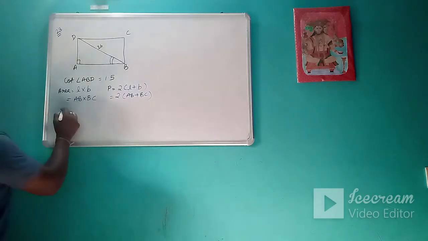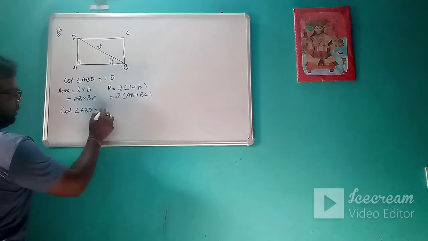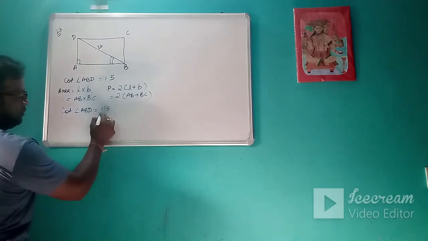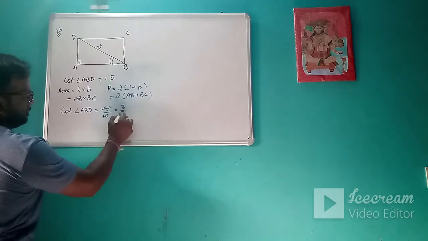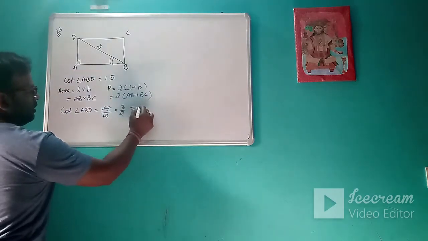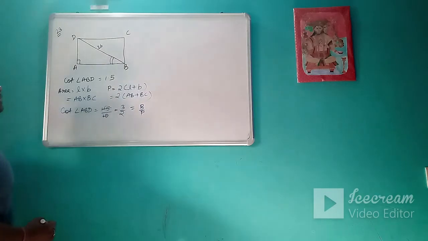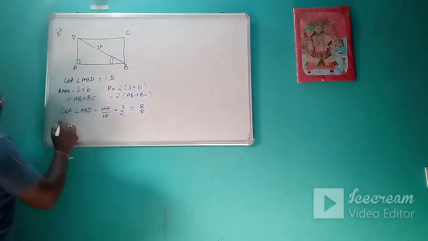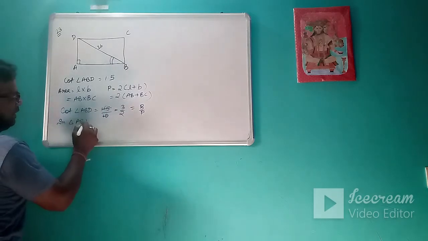So cot angle ABD is equal to 1.5. Remove the decimal, it will be 3 by 2. What we know is cot is actually B upon P. So if you see this triangle, which triangle? Triangle ABD.